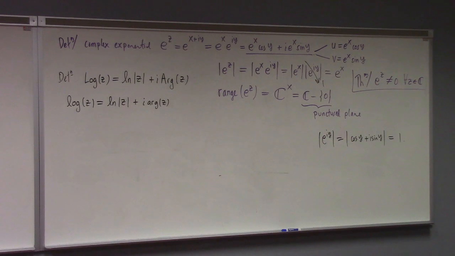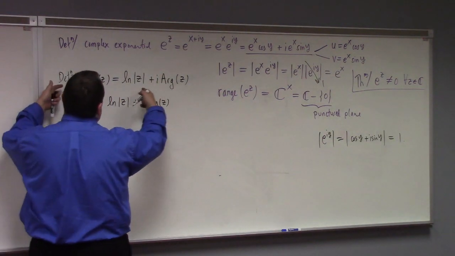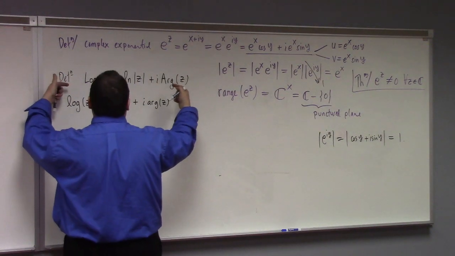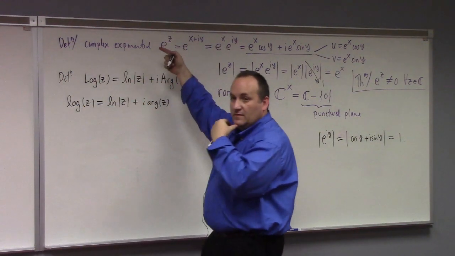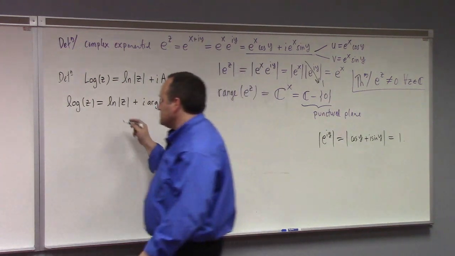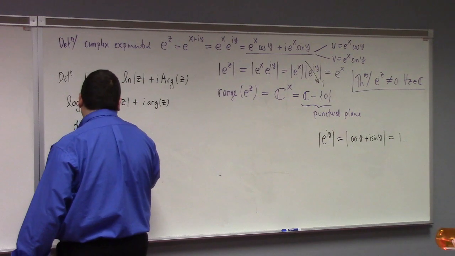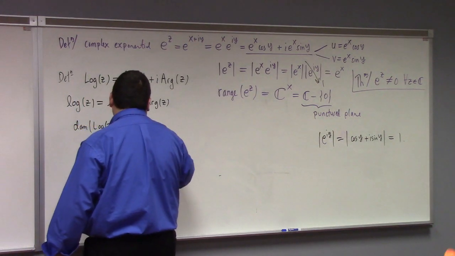Okay, so then what? Of course, you can prove that this is the inverse function to the exponential. This formula is only, what's the domain of the log? It is the punctured plane.